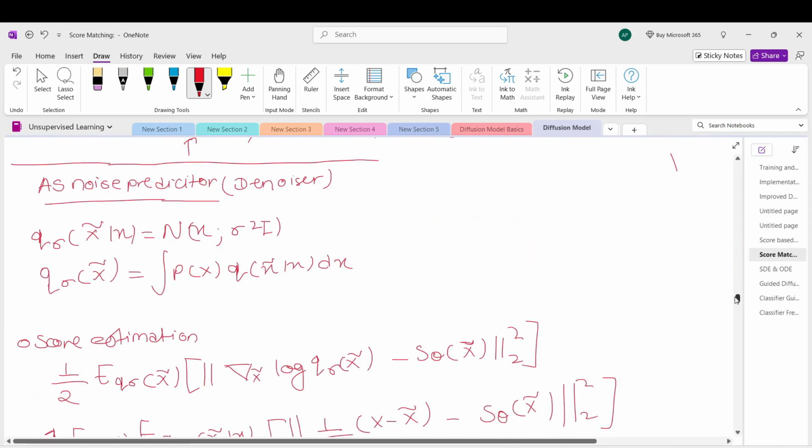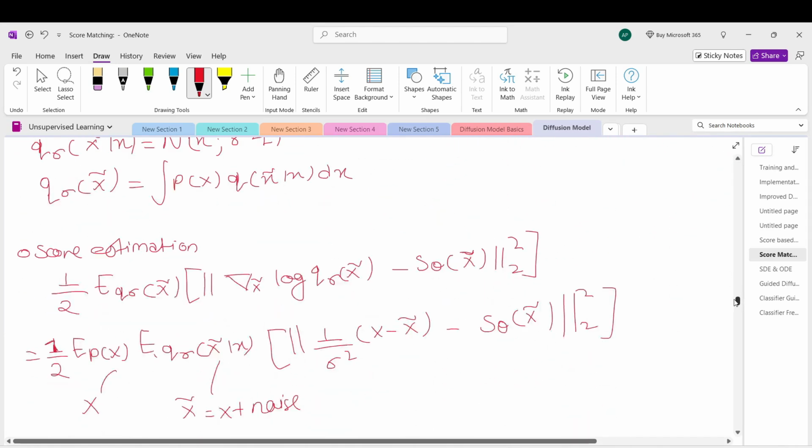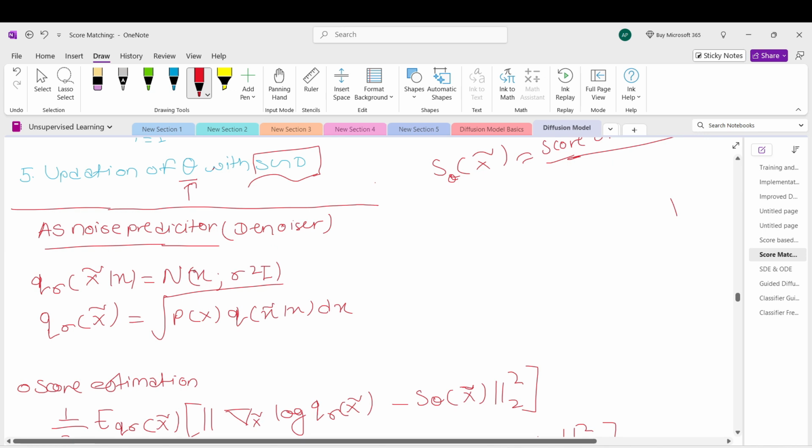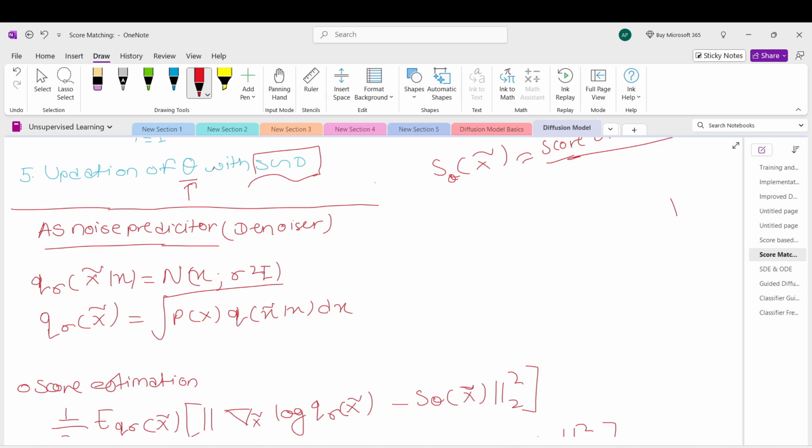As I've shown, our task is reduced to the denoising task. If you look at this as a denoiser, or a noise predictor, we know this quantity becomes a Gaussian, which has this mean and this variance.